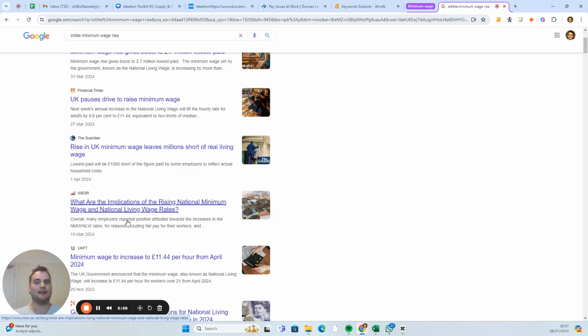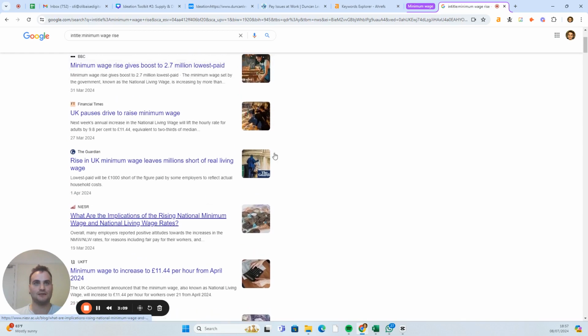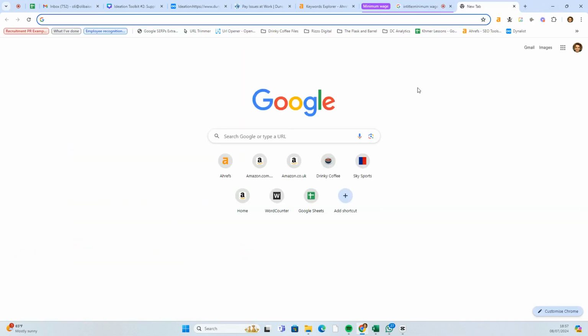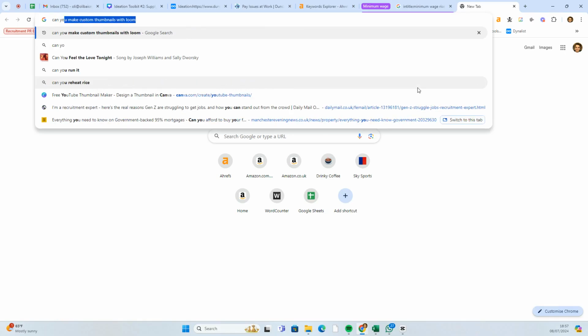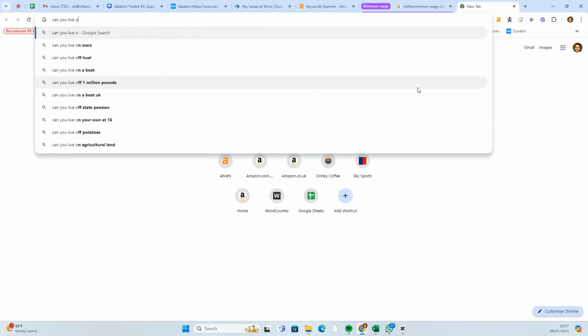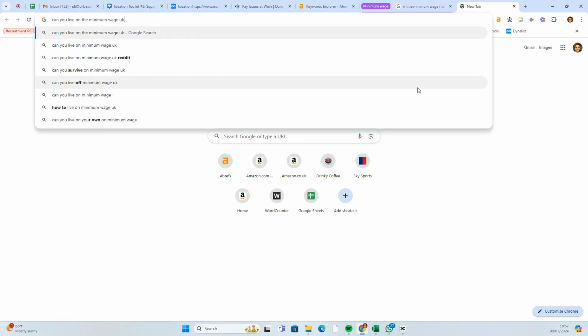So now I'm thinking I could do something that crunches the numbers about whether the minimum wage actually covers your living costs. So I'm going to Google that: can you live on the minimum wage UK?